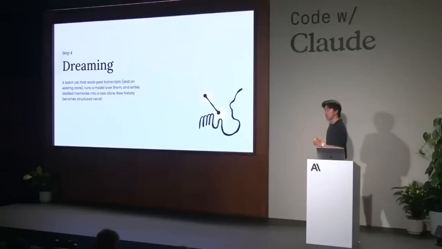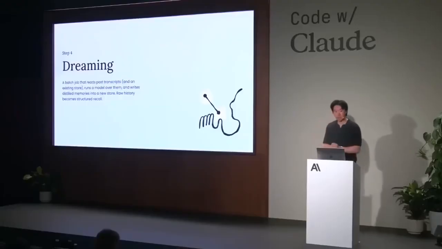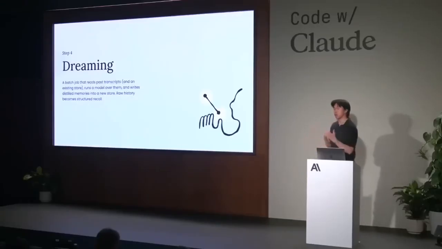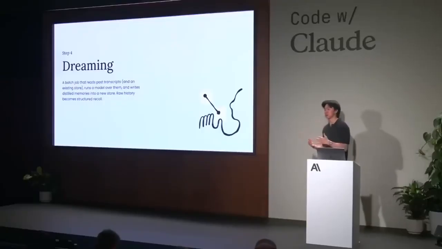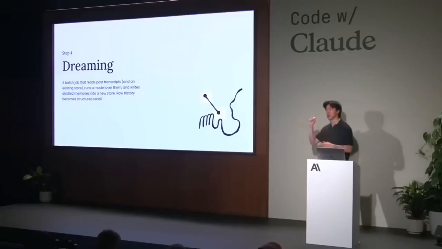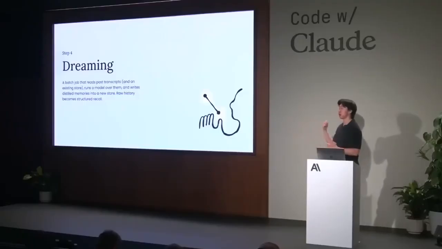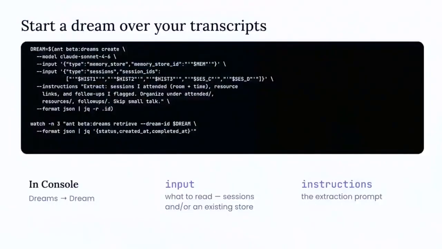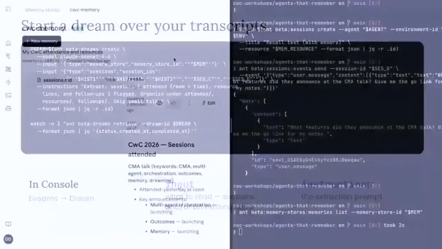It'll look through each one, do fact checking, enriching with additional details, maybe dates, specific identifiers, and then it will also organize those memory files and see if there's any duplicates, anything that can help fix. It'll produce an output memory store such that in the future, when you attach that output to additional sessions, it will hopefully increase efficiency of information retrieval. It also hopefully increases the intelligence of the agent. So let's take a look at how this works. I'll again switch back to my computer and we'll walk through it together.